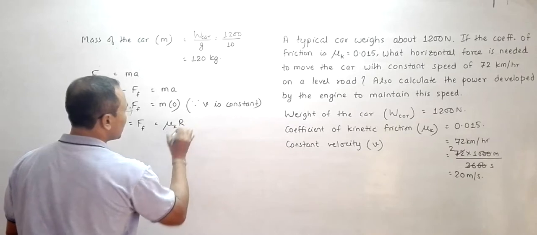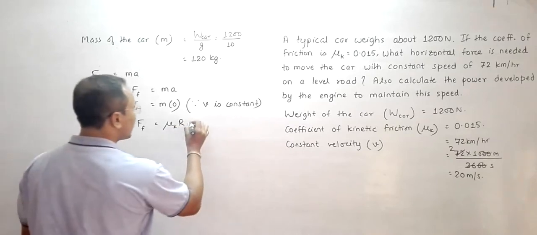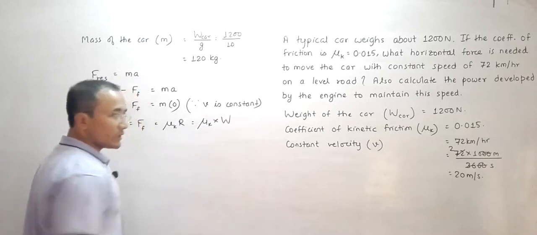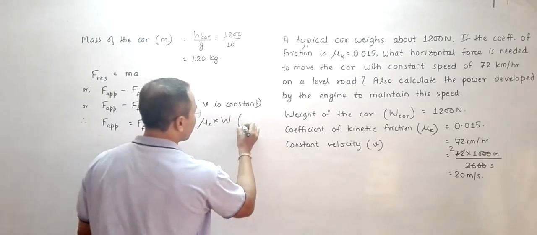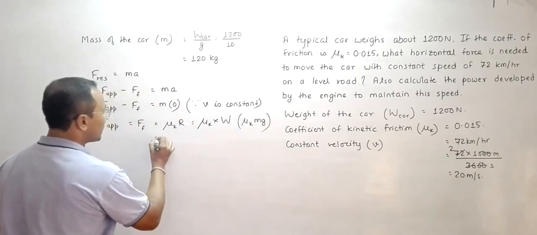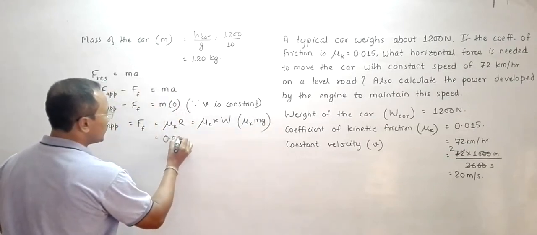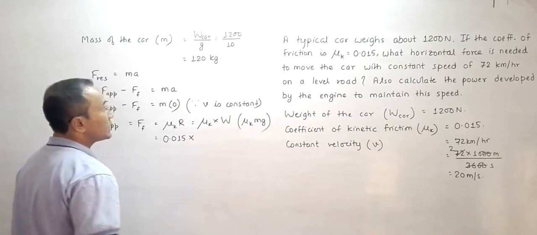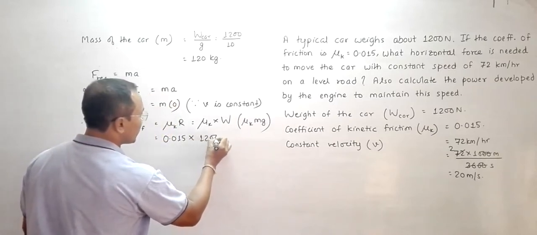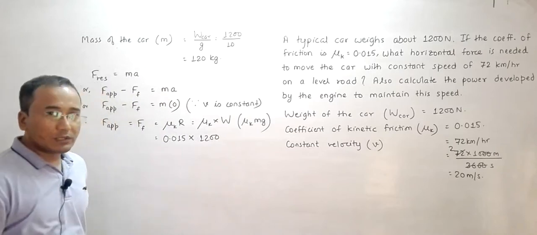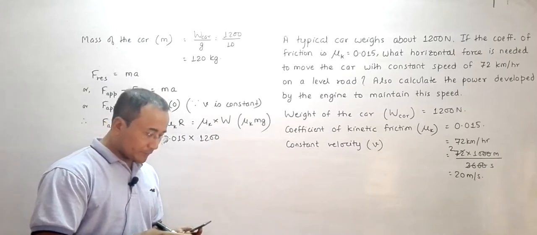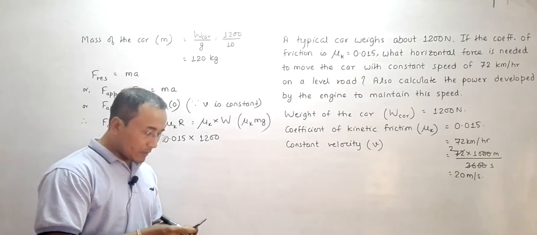So this means F applied is equal to simply the frictional force, and that's equal to mu k into reaction force, which is mu k into the weight of the body, or I can also write it as mu k m g. So that's equal to 0.015 into the weight of the body, 1200.